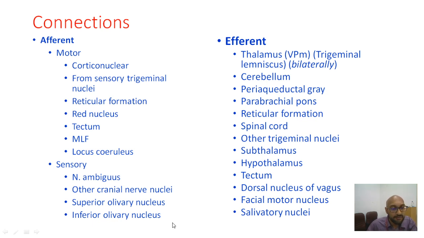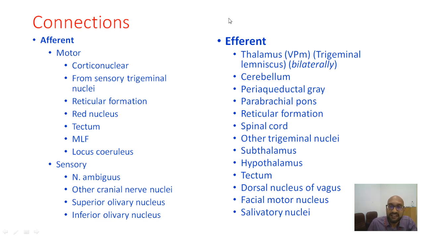All of these help in coordinating activities of the head and neck with respect to both the sensory activity as well as the motor activity related to the trigeminal nerve, that is mastication. So that means you start masticating when you have the sensations in the oral cavity, which is why it is mandatory that it has connections with other cranial nerve nuclei.